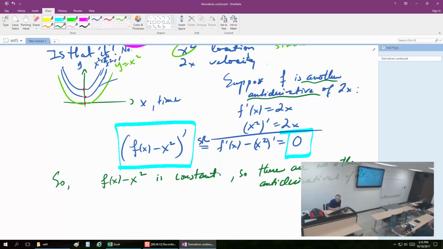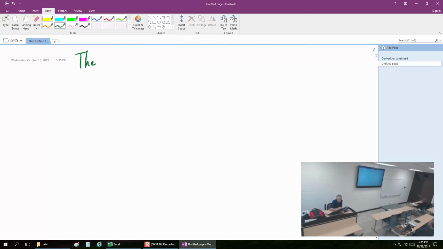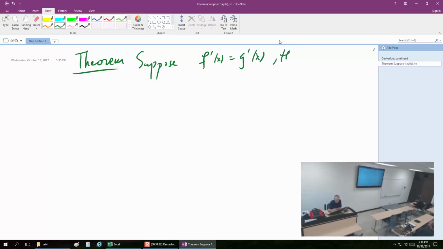So let me state this in the form of a theorem. Suppose f prime of x is equal to g prime of x on an open interval.